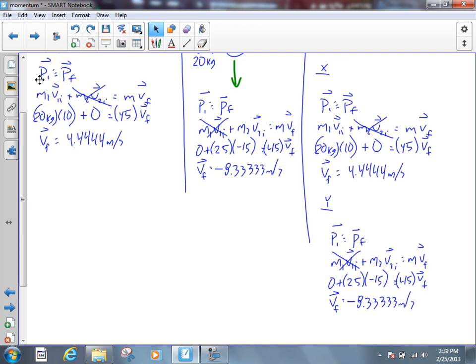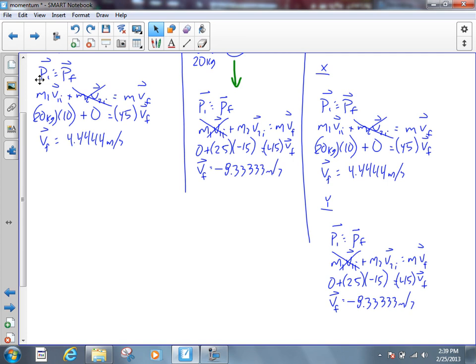You understand that? If we've got a two-dimensional problem, or what we call a non-collinear problem, then we can treat it as two separate, easy problems. An x problem and a y problem. The x problem we've done a million times before. The y problem we've done a million times before. We just haven't done them together. Now we're doing them together. In a sense, we're still doing them separately, but we're doing them as part of one question.